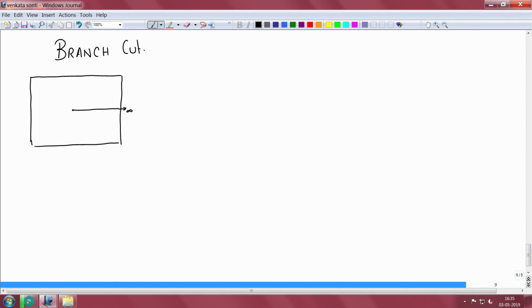Okay. Now we take a 3D view of that. Okay. This is my origin, that is my real axis. I am at infinity, let us say here. Okay, this is my real axis and that is my imaginary.